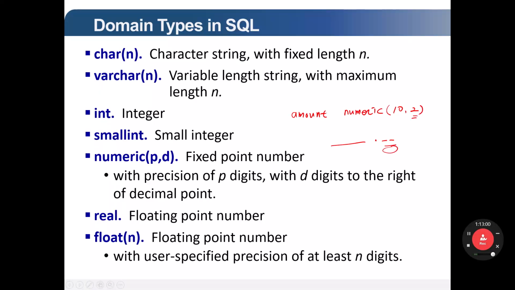So this number 2 indicates that. And real is for floating point numbers. And float is also for floating point numbers, but the difference is that the float type allows you to specify the precision, that is how many digits you want to store in the DBMS. You can specify that using float type.